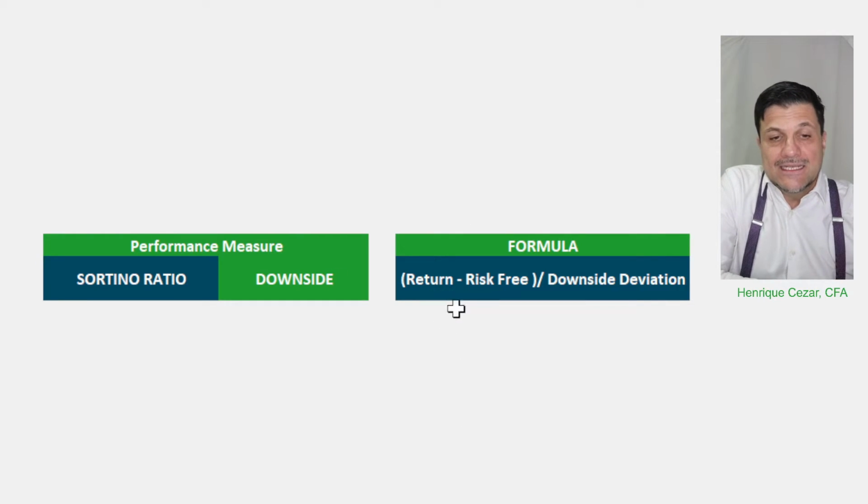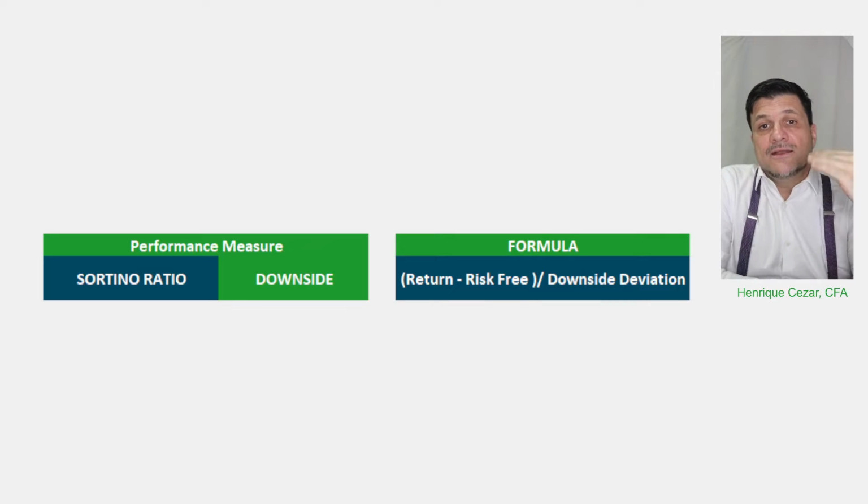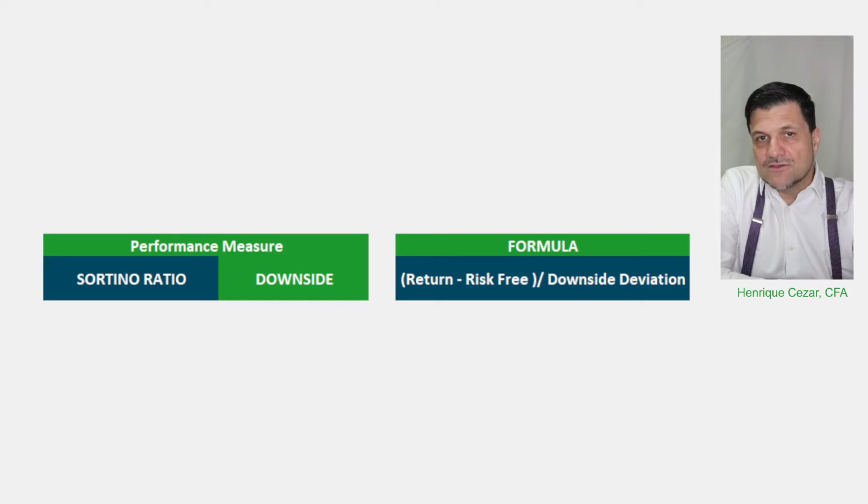And again, it presents the same problem as the previous two measurements, which is the fact that you use the risk-free rate as the proxy. The downside deviation also tells you the manager's performance regarding only missing the target, but it ignores the positive.